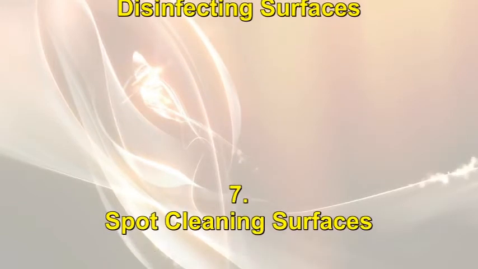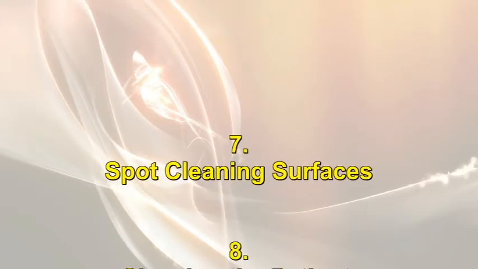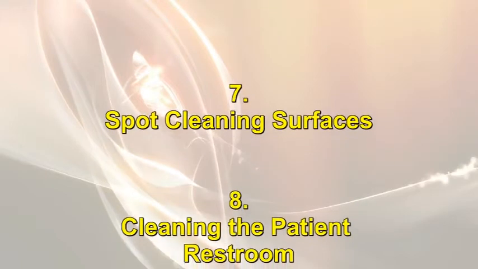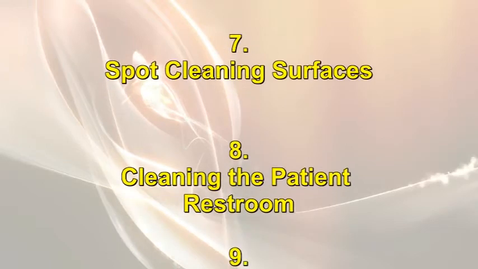Number 5. High and low dusting of the patient room, emphasizing more thoroughness in this task simply because we can more easily do this work when a patient is not present, without the risk of stirring up dust in the patient's indoor air environment. Number 6. Disinfecting surfaces, especially what we call high hand touch surfaces. Number 7.